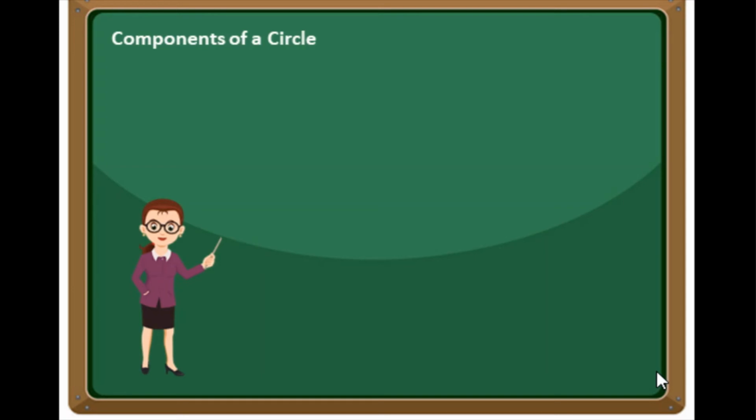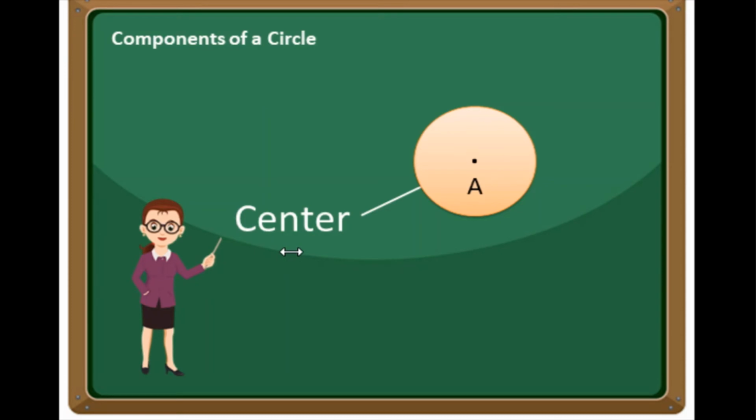Components of a circle. Number 1. If you try to see a circle, the circle has a point over here, and let's name it point A. The point here is what we call center. Everybody, repeat after me, please.